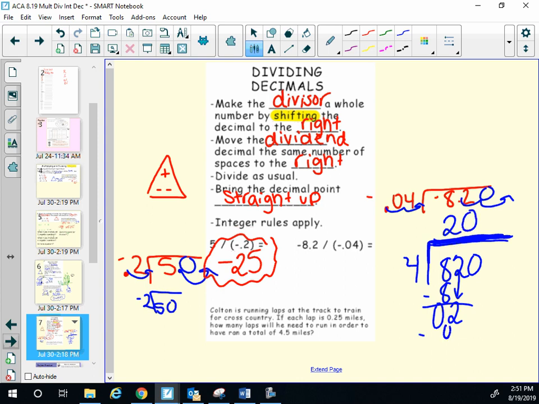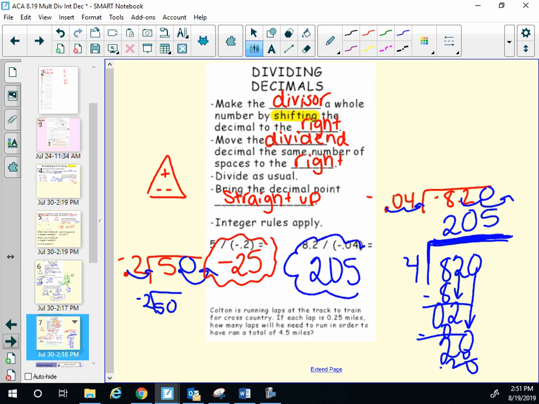Now I can bring down the 0. What's 20 divided by 4? 5. And we already said that our answer was going to be a positive. It's a positive 205.